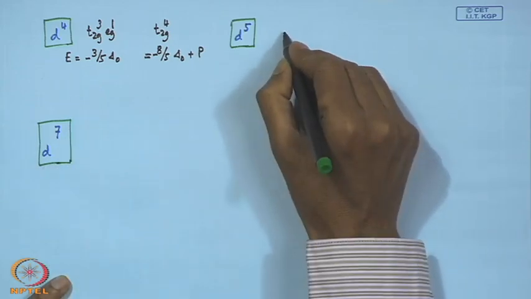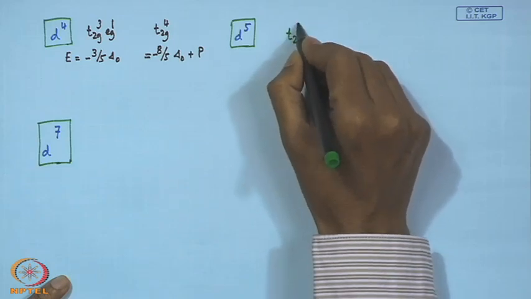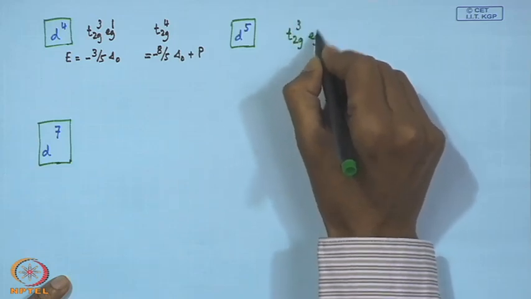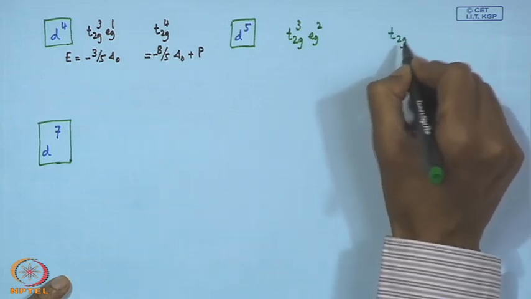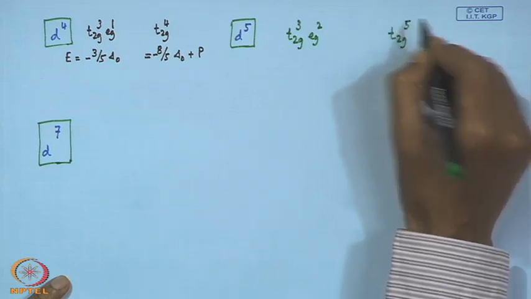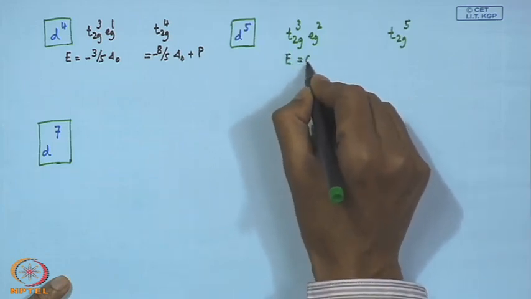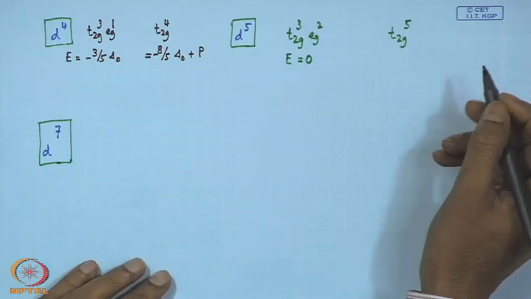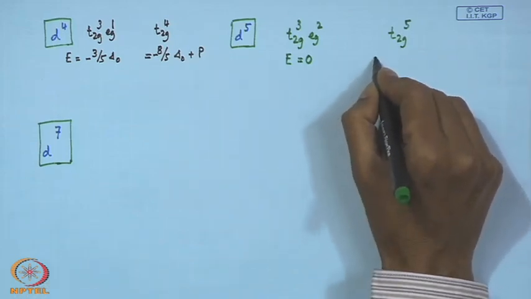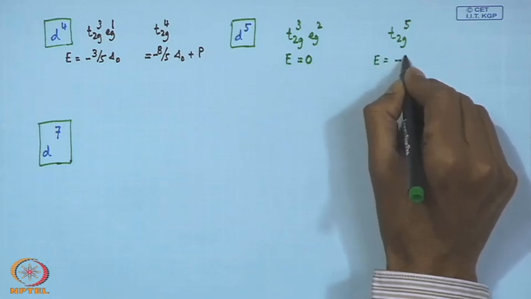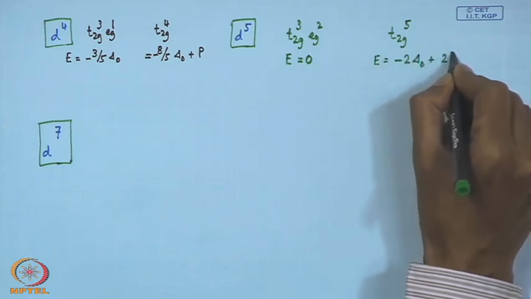For d5 we have two situations, one is t2g3 eg2 and the other is t2g5. For the high spin situation E is equal to 0, no crystal field stabilization, and for the low spin E is equal to minus 2 delta O plus 2P.